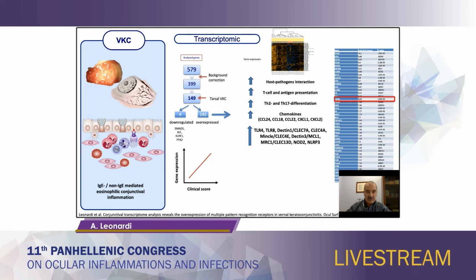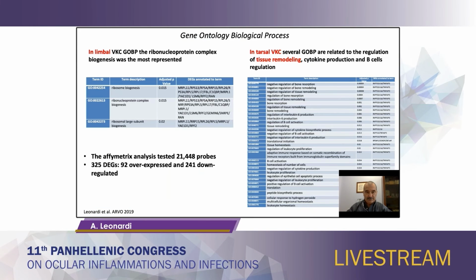I just would like to highlight the fact that in tarsal VKC, one of the highest overexpressed genes is TGF-beta1. Again, showing that the remodeling process is highly activated in this subtype, this sub form of VKC.